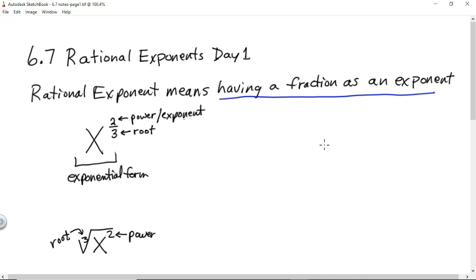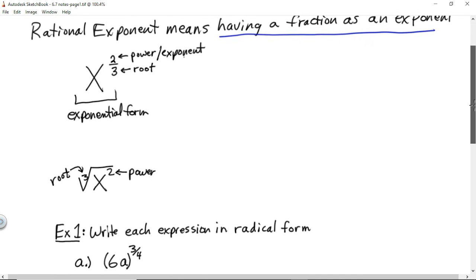Okay, so let's look at some examples. We want to write each expression in radical form. Now note, I have this note that this one is exponential form. And I should also note the bottom one. I'll add that to the notes here. This is radical form.